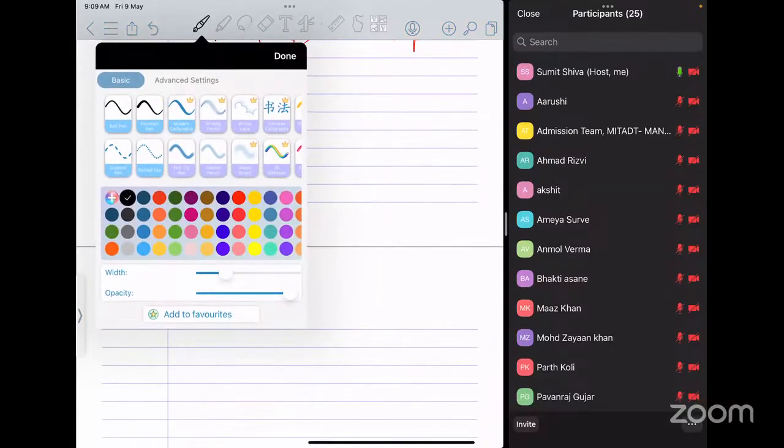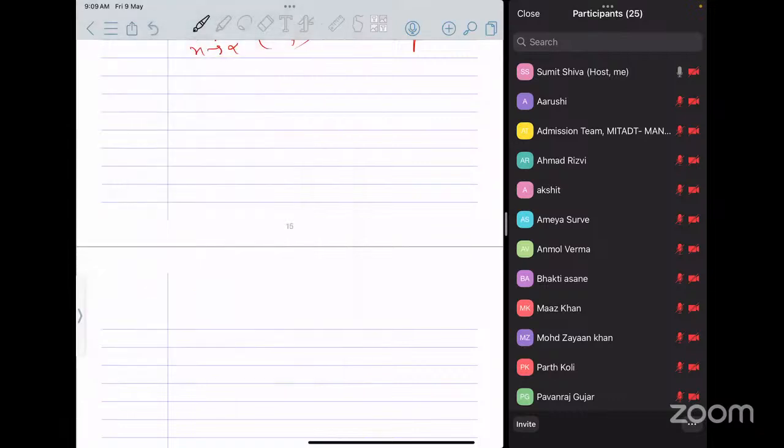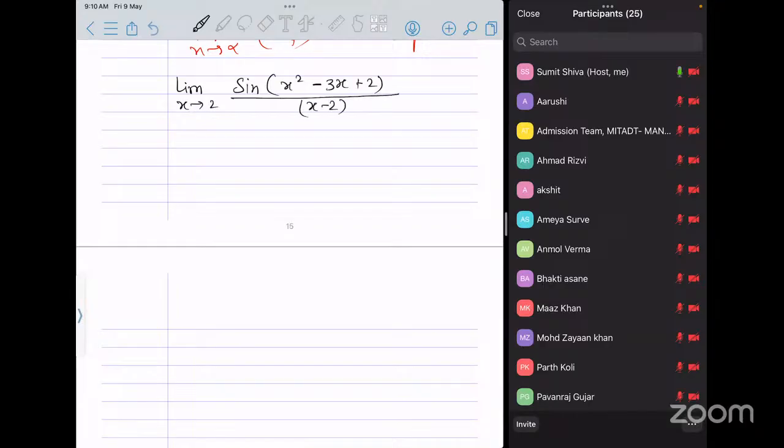Let's say we have limit x tending to 2 of sine of x square minus 3x plus 2, divided by x minus 2, and I want to find out its limit.